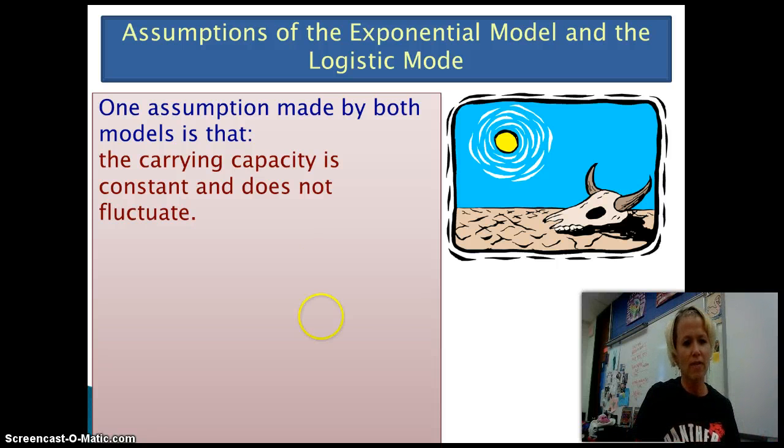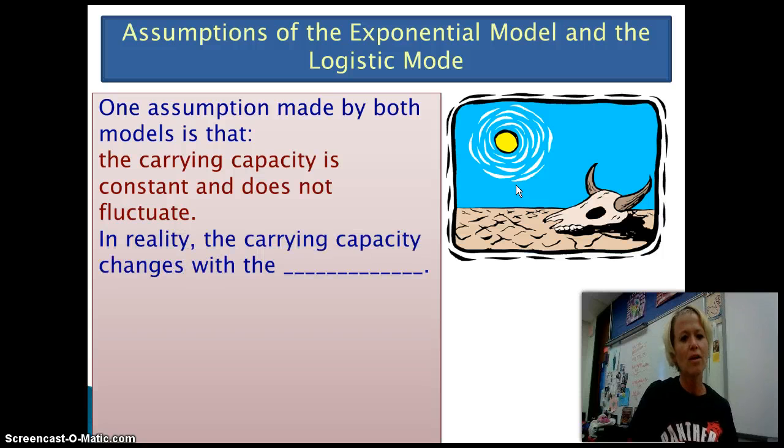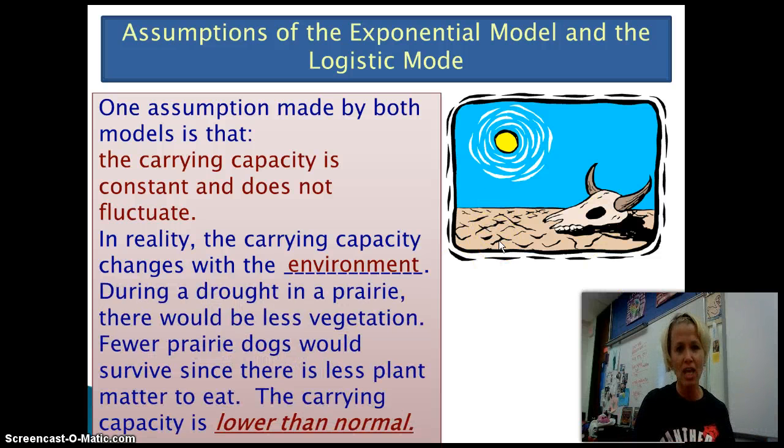A straight line works just fine for us. Also in reality, the carrying capacity changes with the environment. So if we've got a drought, obviously the carrying capacity isn't going to be nearly as high as an environment that is abundant with resources. So the environment is going to change the carrying capacity.